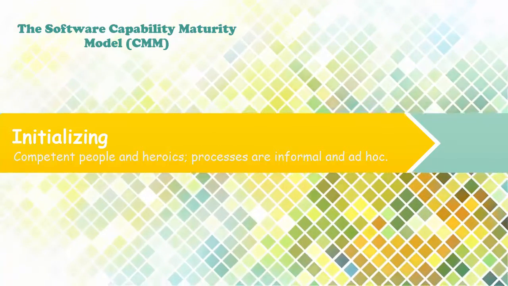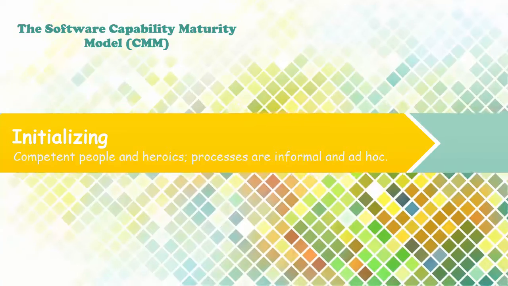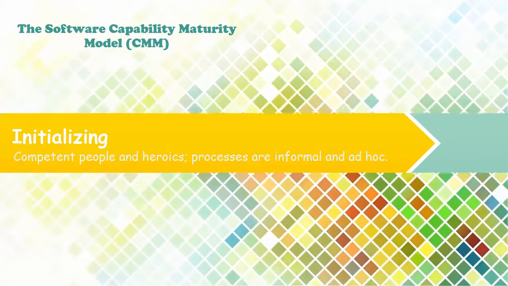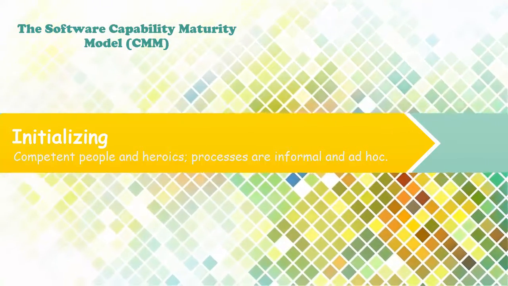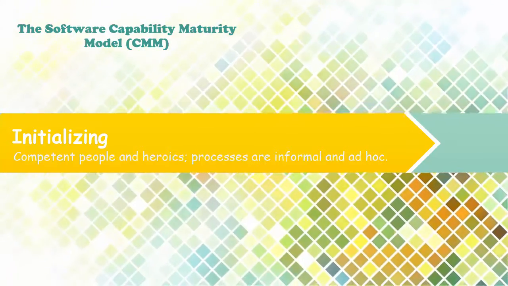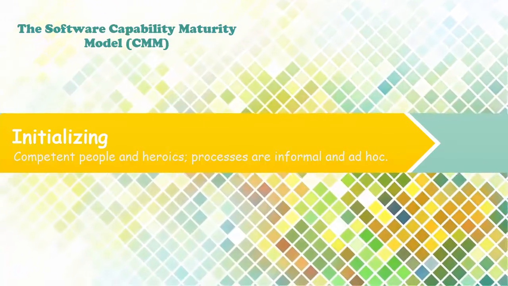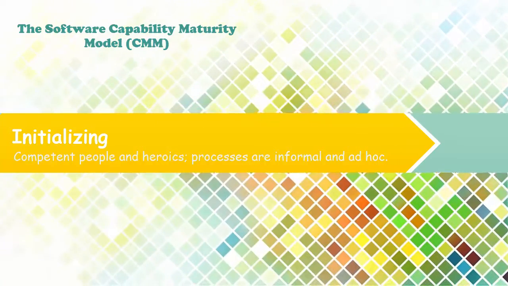A capability is characterized on the basis of the individuals and not of the organization. Progress is not measured in this level. Products developed are often late and over budget. There's a wide variation in the scheduled cost, functionality, and quality targets.